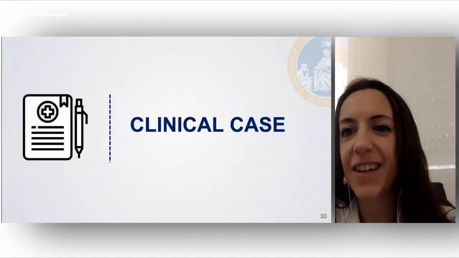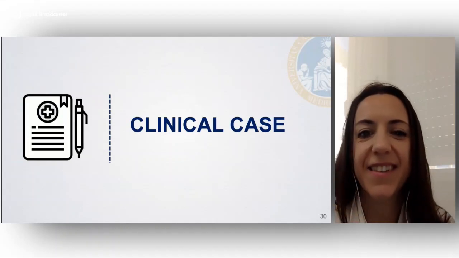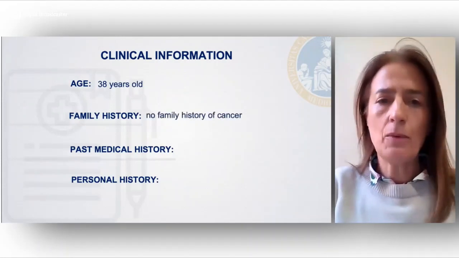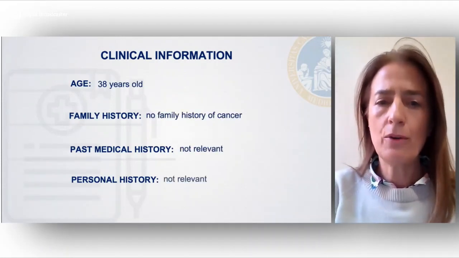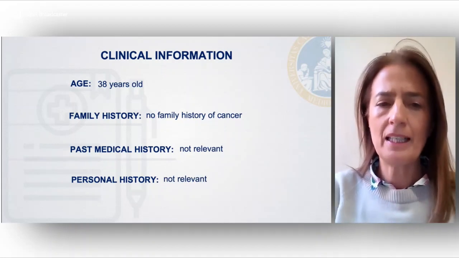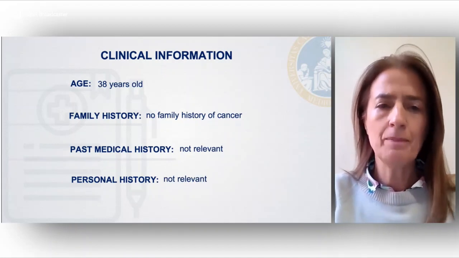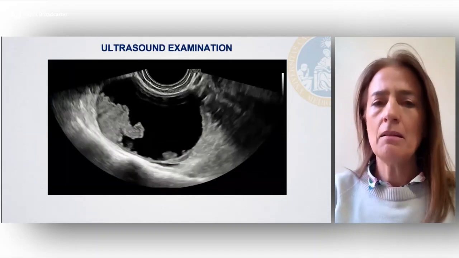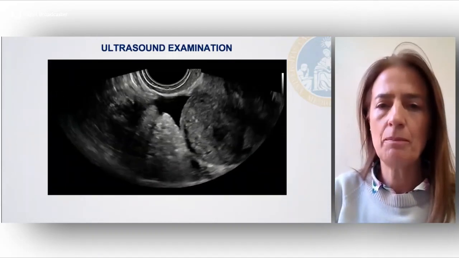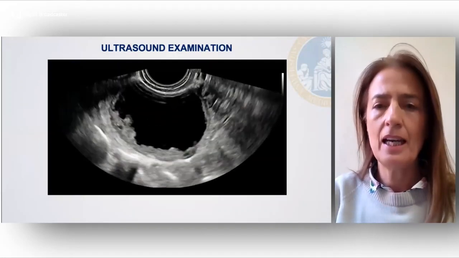Please, Antonia, can you present our second clinical case? So this lady was 38 with no family history, nothing relevant on past history and personal history. She underwent a transvaginal scan. She was completely asymptomatic.